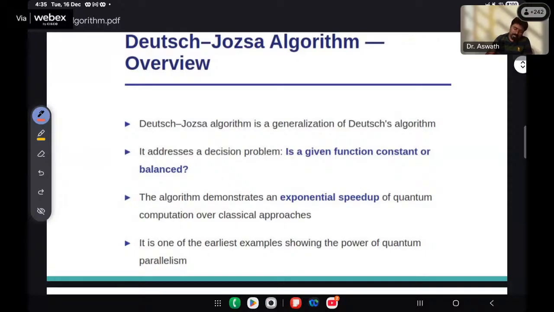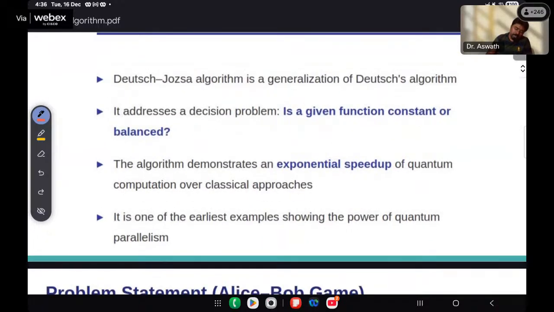That is the Deutsch algorithm. I'll explain using my blackboard notes, don't worry. I'm just giving you an overview here.